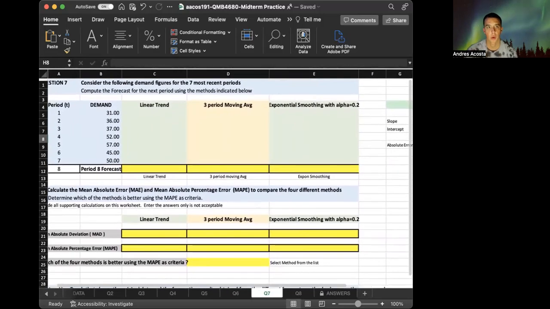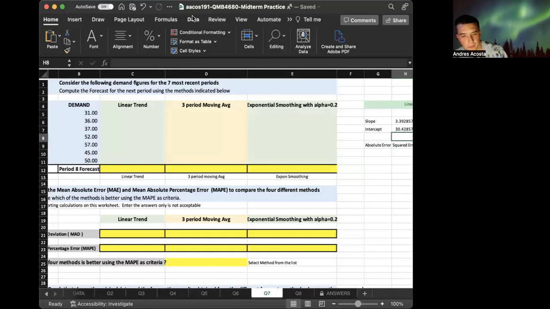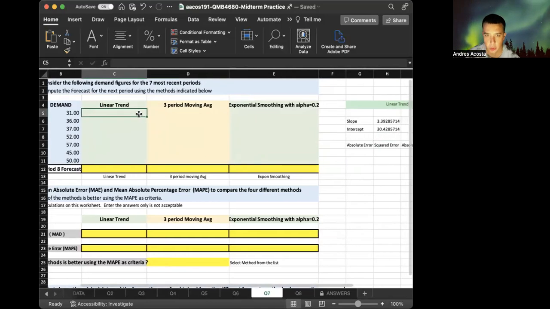So now our next thing is to get our linear trend. We'll start off with the basic algebra equation, probably the most important one you should always remember: y equals mx plus b. So we click equals. What is m? M is the slope.